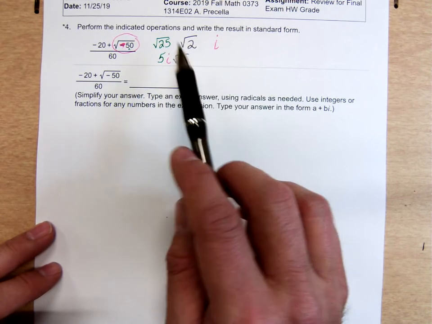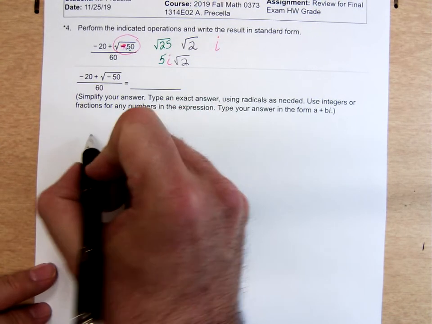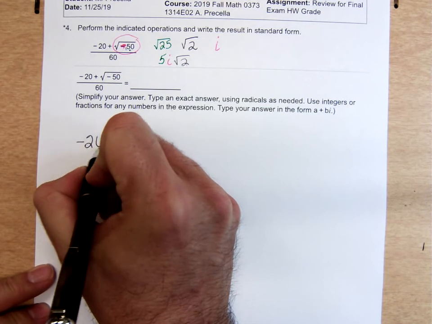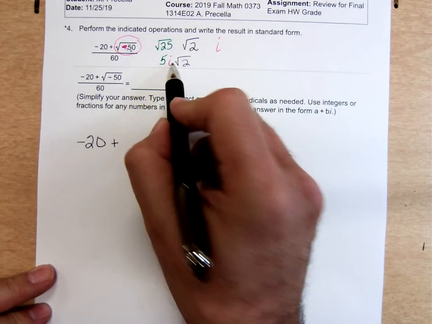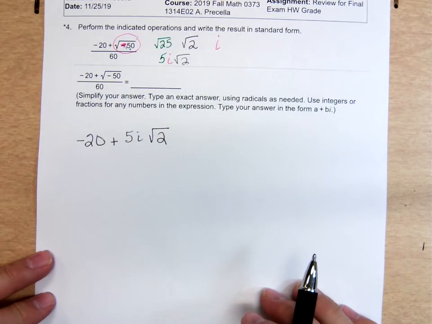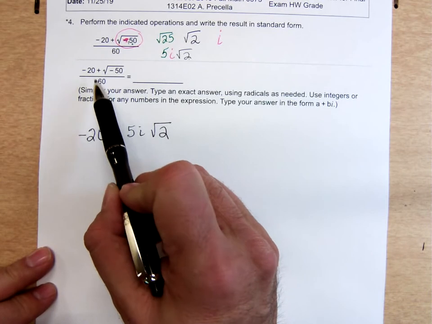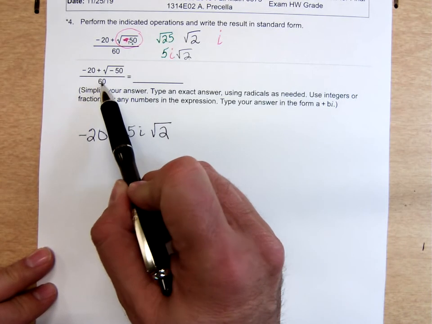Now to reduce the fraction, I'm going to rewrite the top. Negative 20 plus 5i square root of 2. This 60 applies to all of it, to both of these terms.